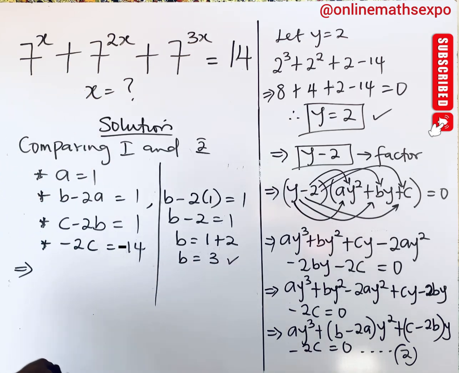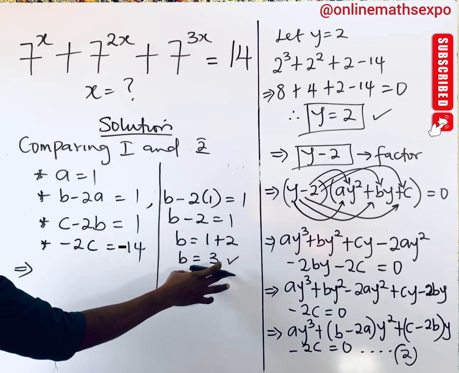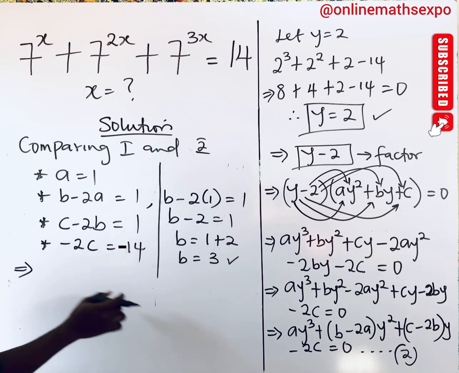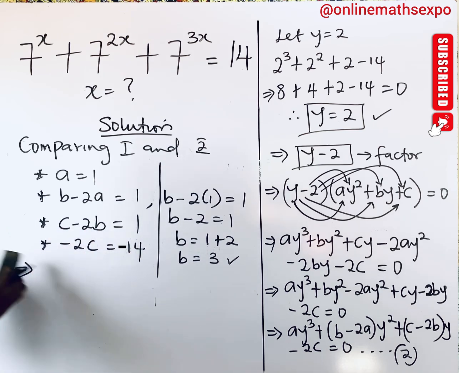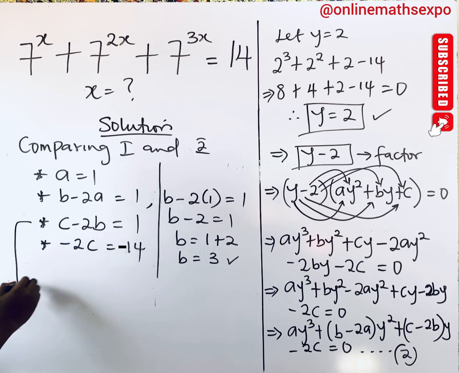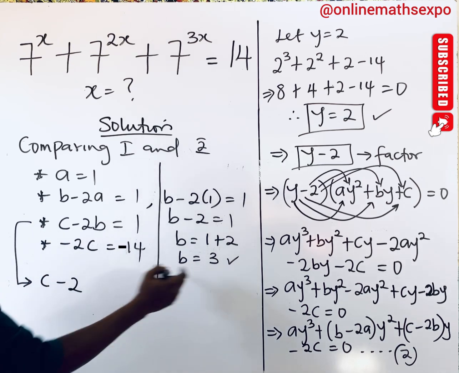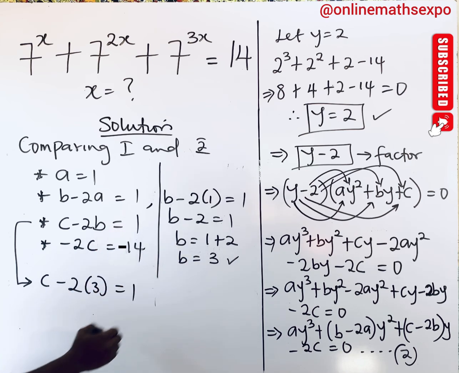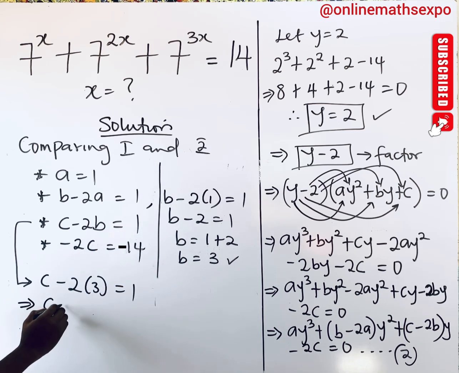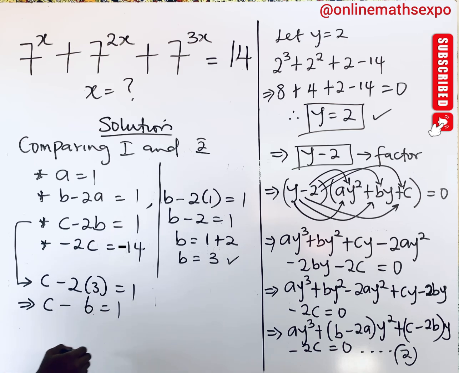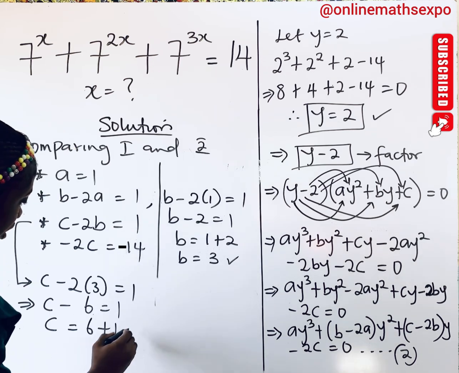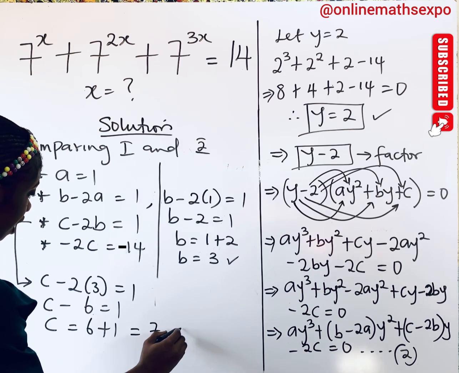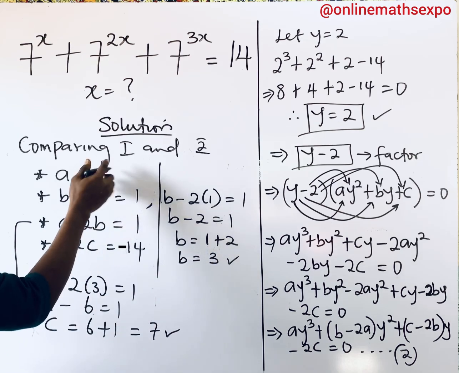Having gotten b as 3, let's put this b in this equation. This gives us c − 2 × 3 = 1, so c − 6 = 1. Add 6 to both sides, c is equal to 6 plus 1, which gives you 7. So our c is 7, our b is 3, and our a is 1.